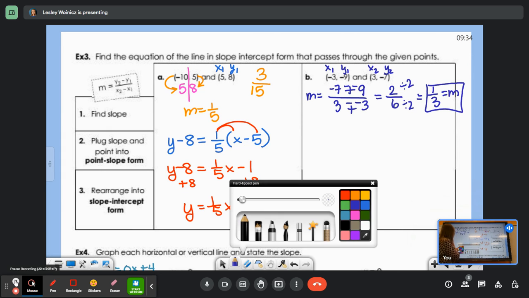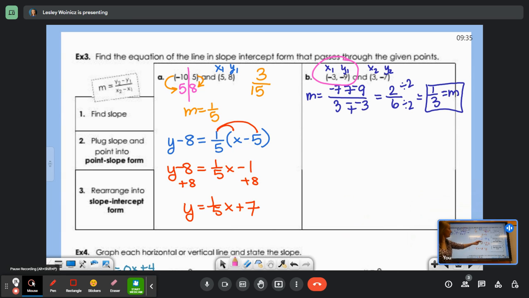Okay, I already picked my x sub 1 and my y sub 1. So I can plug those into point slope form with my m, and I'm ready to go. So it'll be y minus my negative 9, which means a plus, which turns to plus 9, equals 1/3 for my m, open parentheses, x minus a negative 3. Okay, that turns into a plus also.